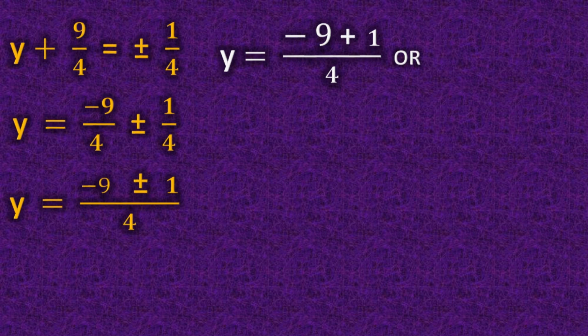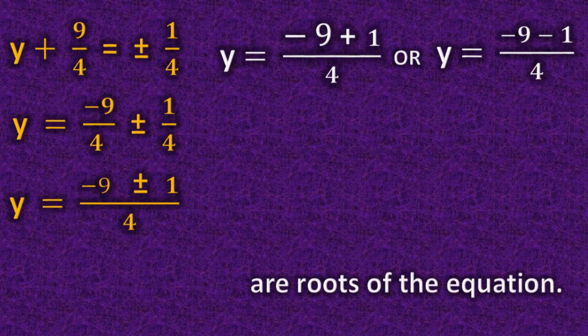Now the plus 9 upon 4 will transfer, and it will become minus 9 upon 4. 4 is the common base, so minus 9 plus or minus 1 upon 4. One answer we will consider with only the plus sign, and the second answer we will consider with the minus sign. Now solve carefully.